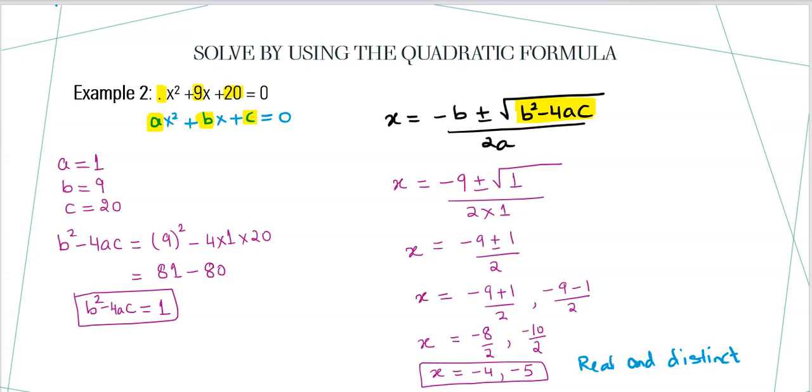This happened because the value of b² − 4ac, which we call the discriminant, is 1, which is greater than 0. So, when the value of the discriminant is greater than 0, the roots are always real and distinct.